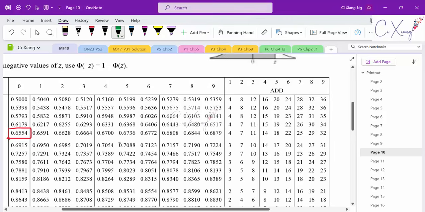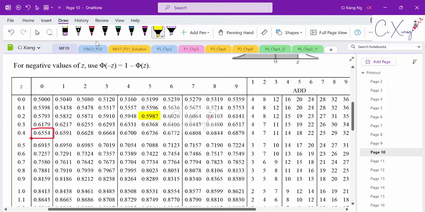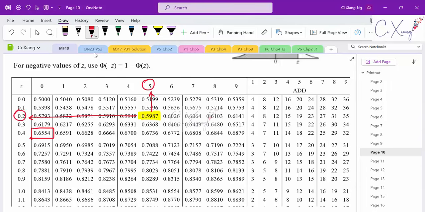I want to look for 0.6. The value closest to 0.6 but lower than 0.6 is this one. If you read out the value, your z value will be 0.25, but not enough yet. Because when you have 5987, you need to add 13 to get 60.